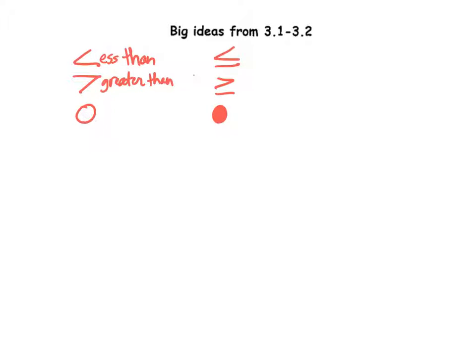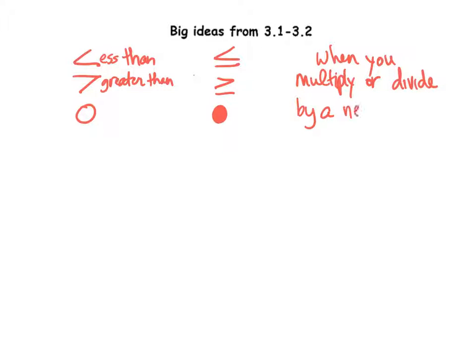And the thing in pink is, when you multiply or divide by a negative number, switch the inequality.